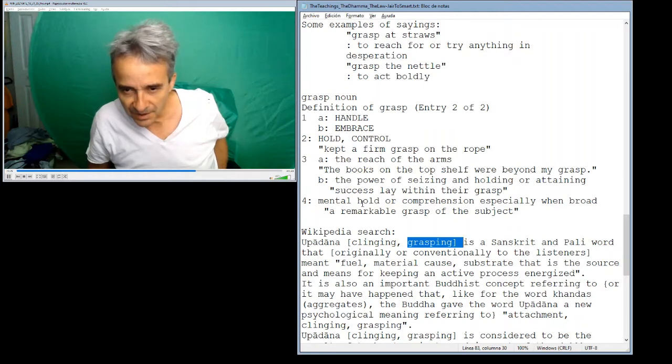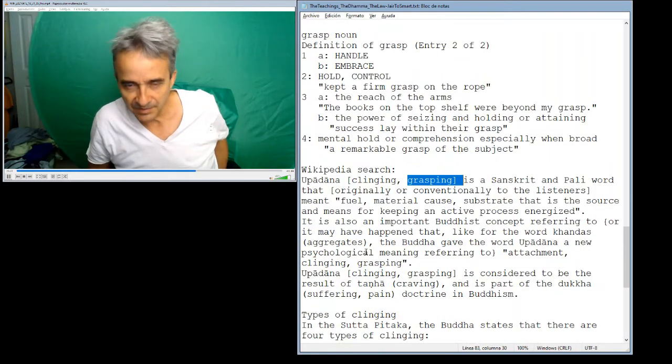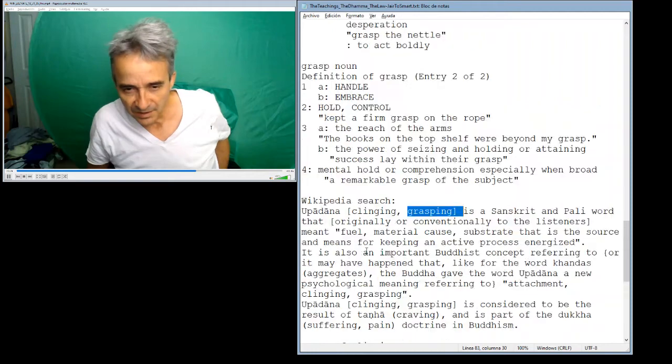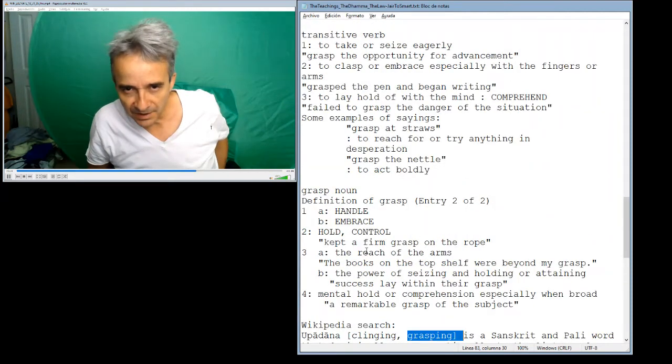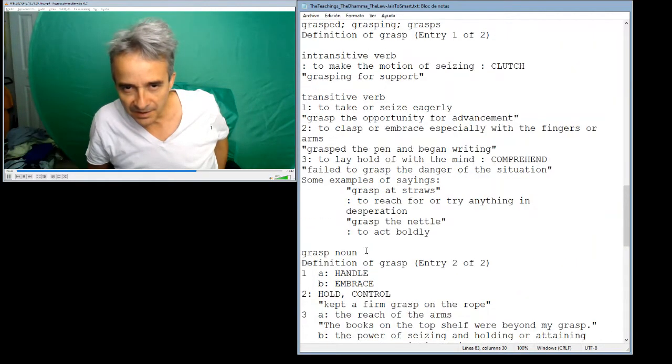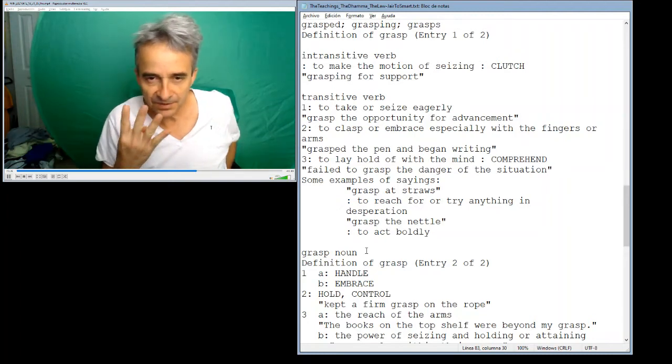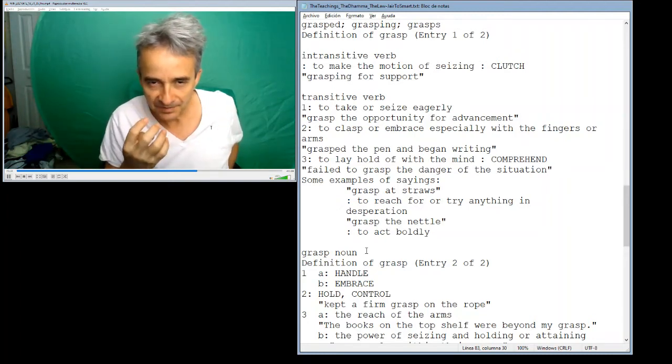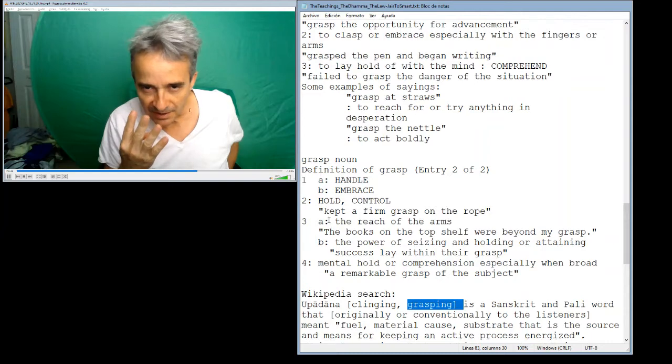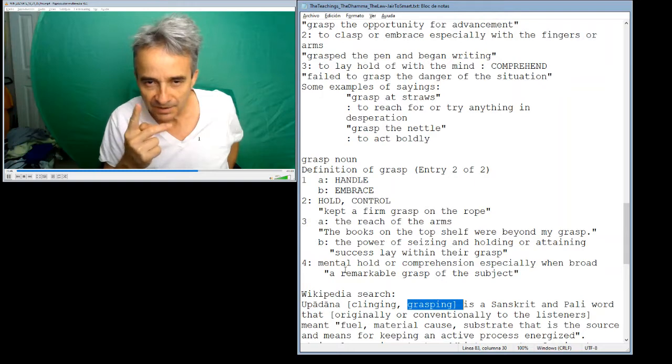The reach of the... Number 4 under there. There are 4 definitions for grasp as a noun, and sub-definitions, it looks like, because number 1 is handle or embrace, so that's 2 under 1.